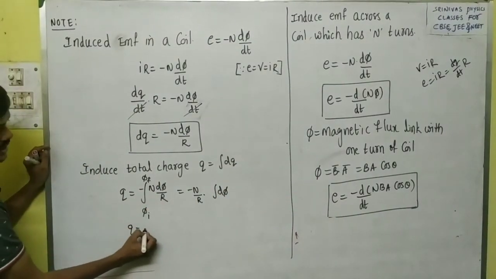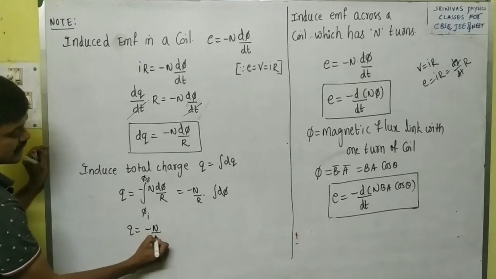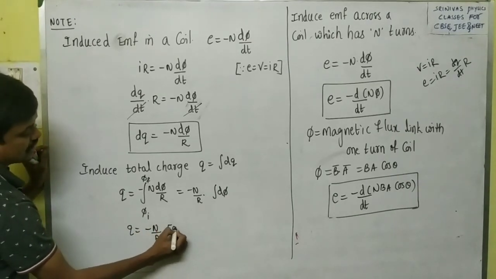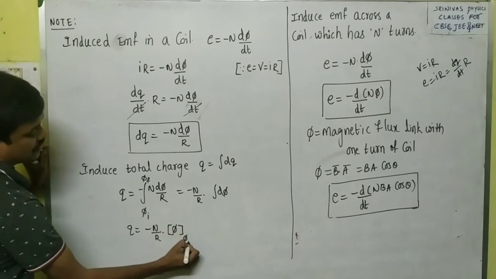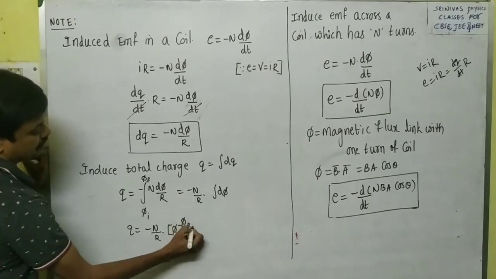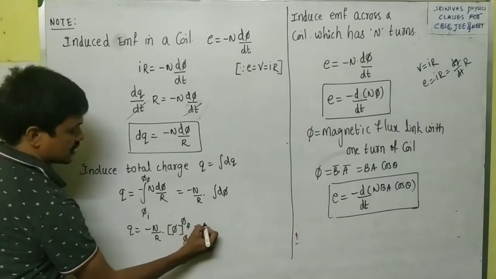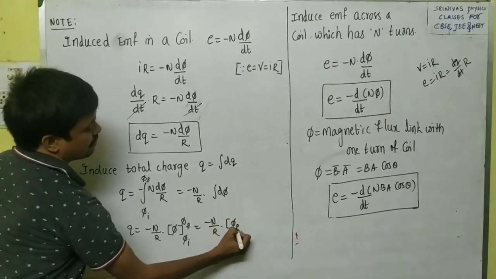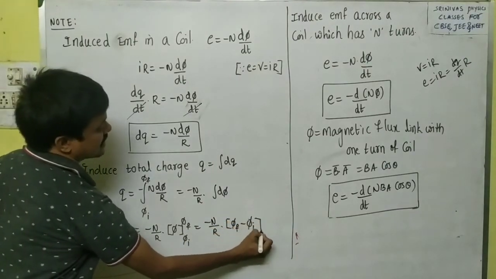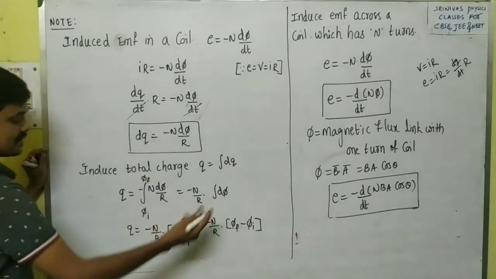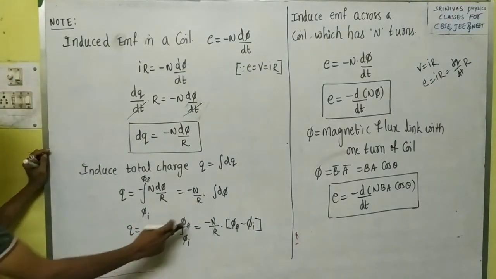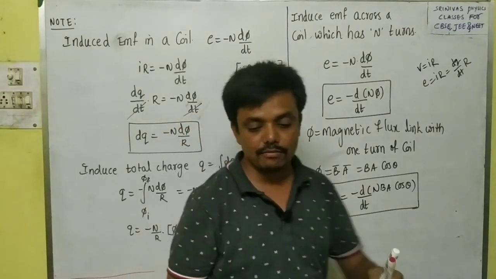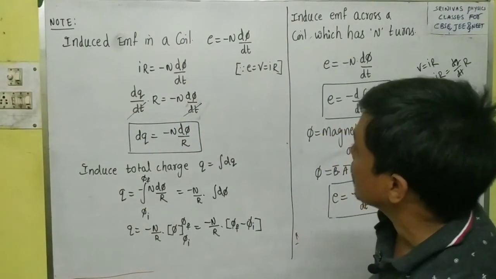The integration of d phi is phi, so minus n by R into phi, with limits phi I to phi F. Now substitute it: minus n by R into phi F minus phi I. Then multiply with the minus, and we get the formula for the induced charge.